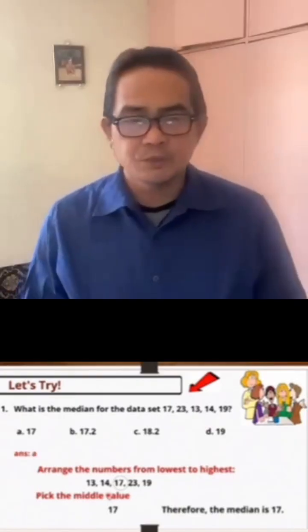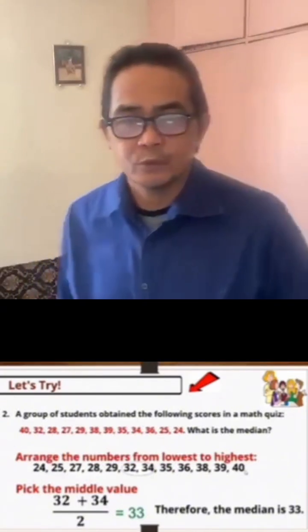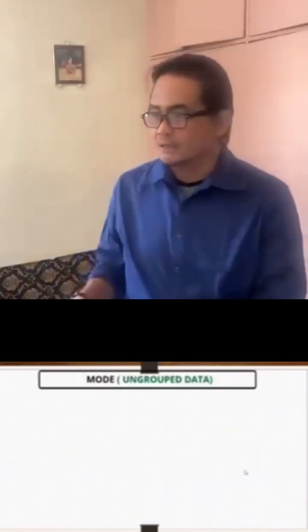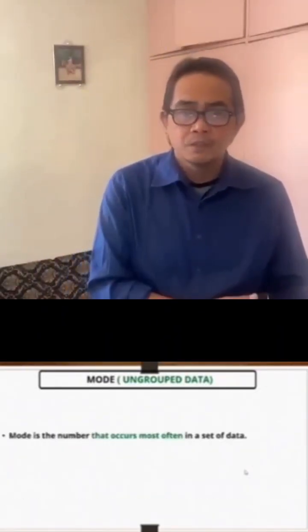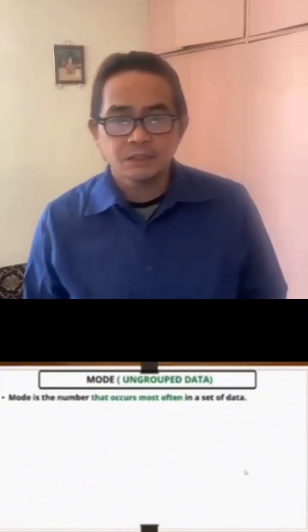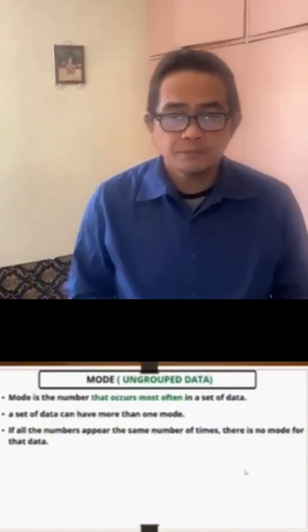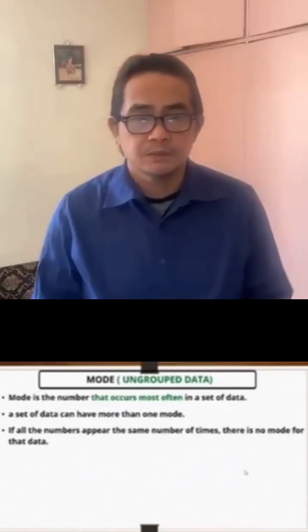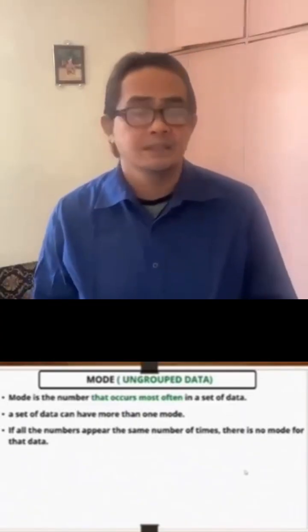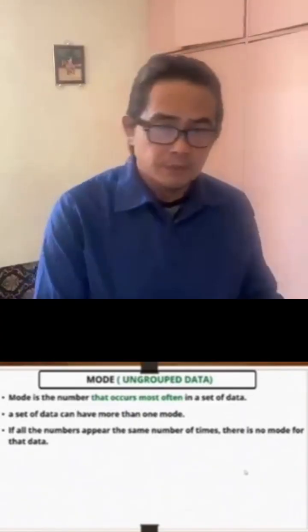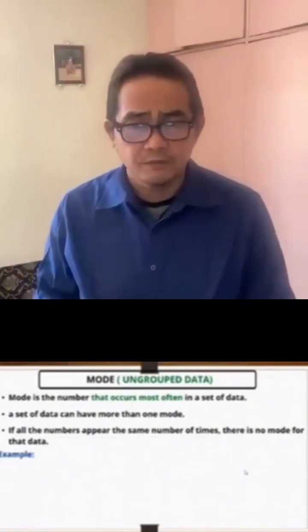The mode of ungrouped data. This is the most frequent score, the number found most often in the data. A set of data can have more than one mode. If all the numbers appear the same number of times, there is no mode for that data. So if there is no number that repeats, there is no mode.